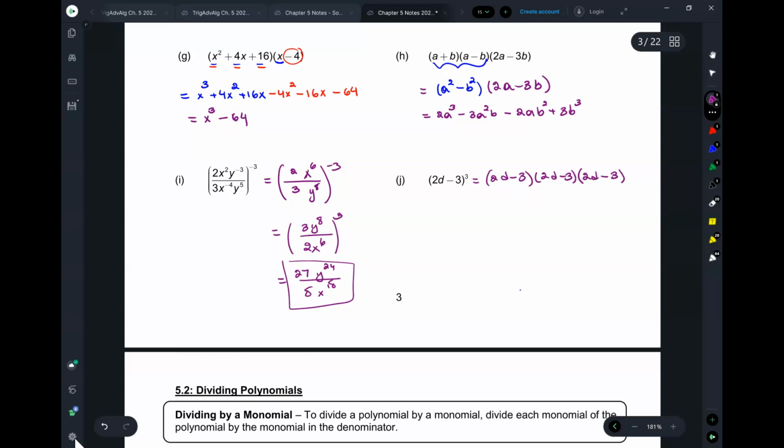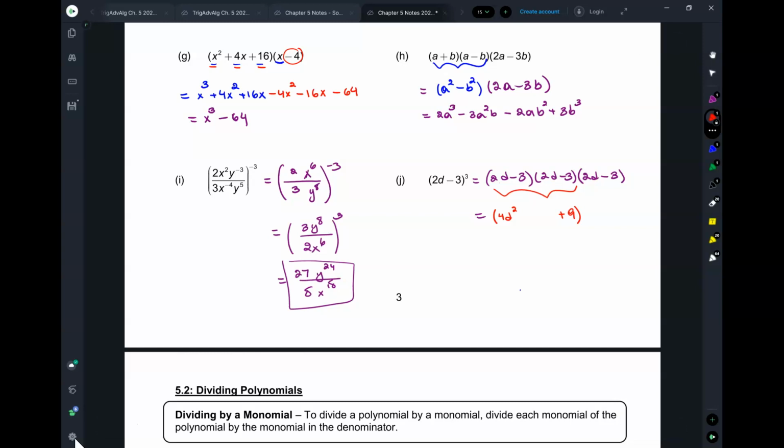Now, the first one though, please use the shortcut. We're going to square the first term, 4d squared. We're going to square the last term, plus 9.